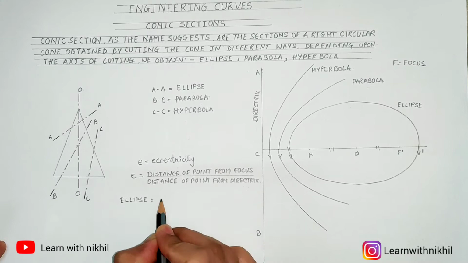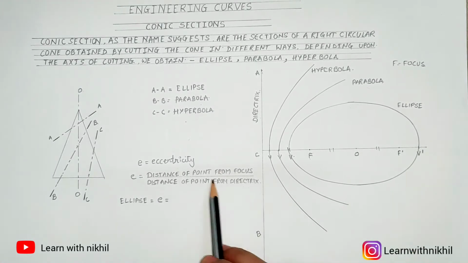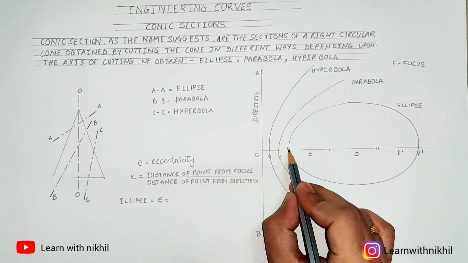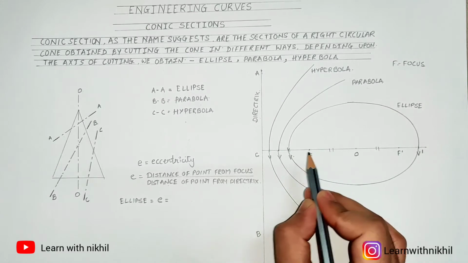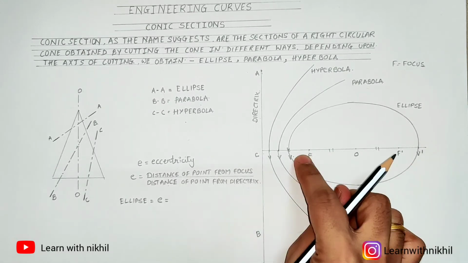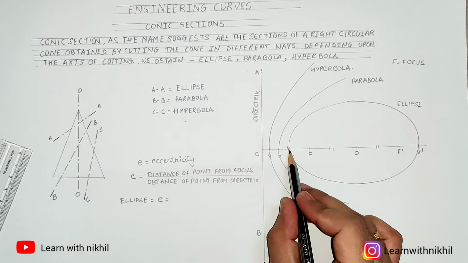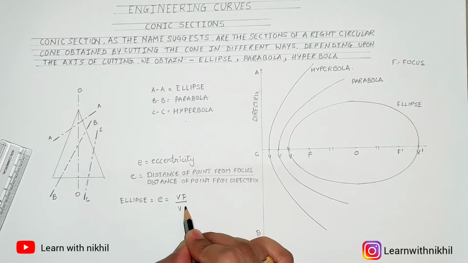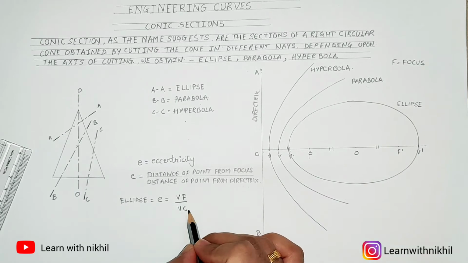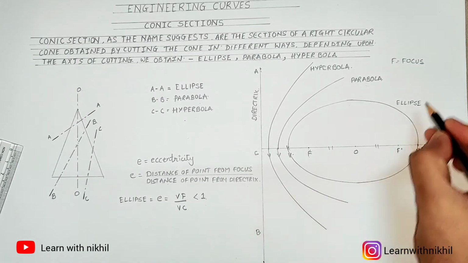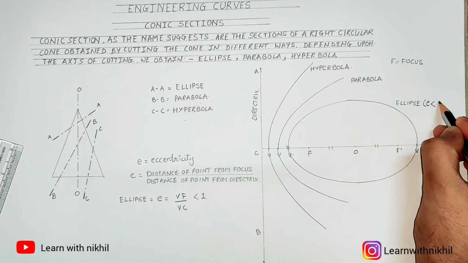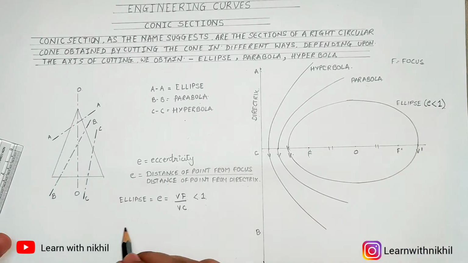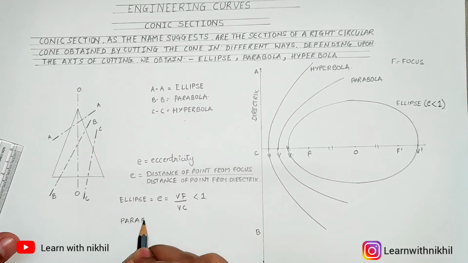Now for calculating the eccentricity of an ellipse, E is equal to VF upon VC. As you can look closely, the VF distance is less than the distance VC. So VF is less than VC. So we can conclude that it is always less than 1, as the VF distance is less than VC.